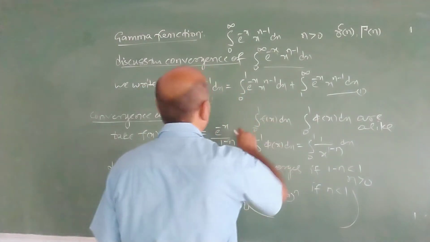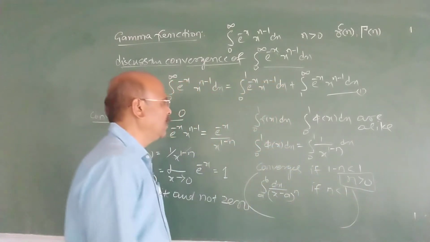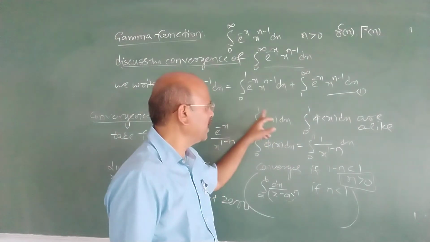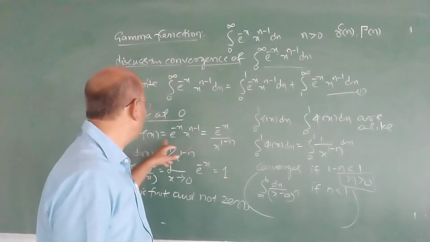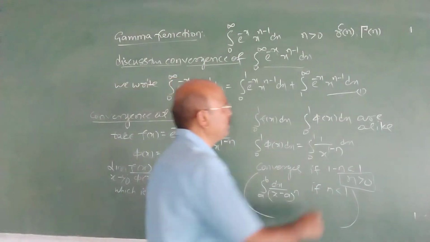So this converges at 0 if n is greater than 0. Since 0 to 1 phi(x) dx converges, 0 to 1 f(x) also converges, that is, 0 to 1 e raised to minus x, x raised to n minus 1 converges.